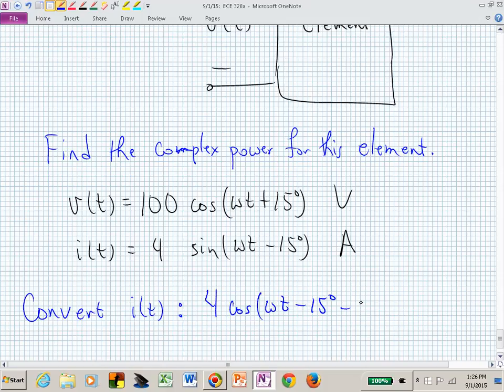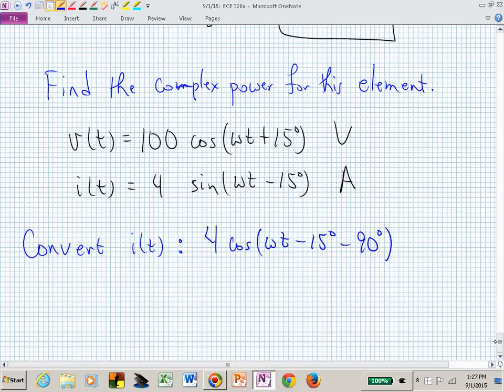So now, and you could always go back if you forget this, you could derive it with Euler, you could check this many different ways. You could draw cosine and sine and say, how are these related? The sine is actually lagging the cosine by 90 degrees. They are orthogonal. So now we have that this sine wave has an angle of minus 105 degrees in the cosine expression.